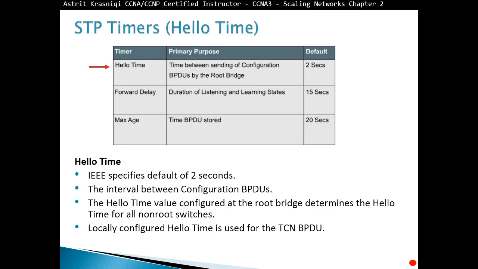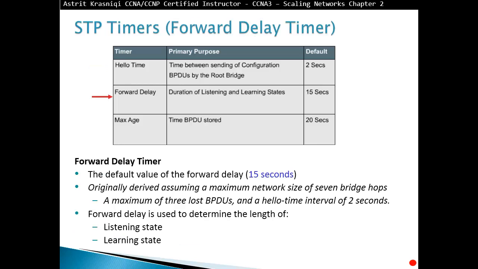The hello time value configured at the root bridge determines the hello time for the non-root bridge switches, which means you can configure this hello time on any switch you want, but it will not have an effect. The locally configured hello time is used by the topology change notification BPDUs. For example, if a topology change notification happens, you can use your hello time, whatever you have configured.